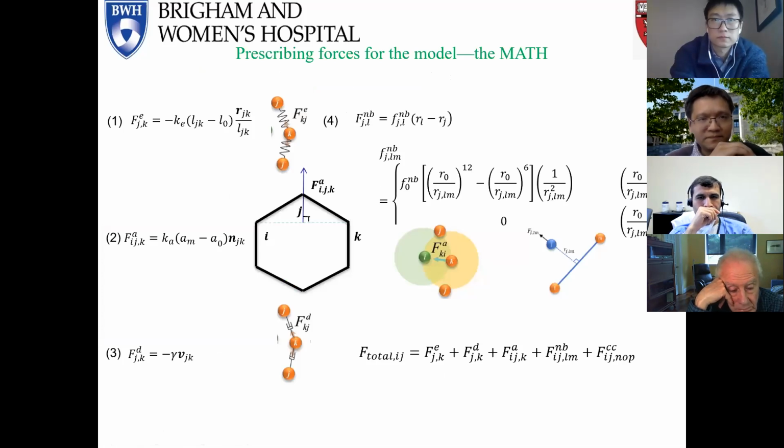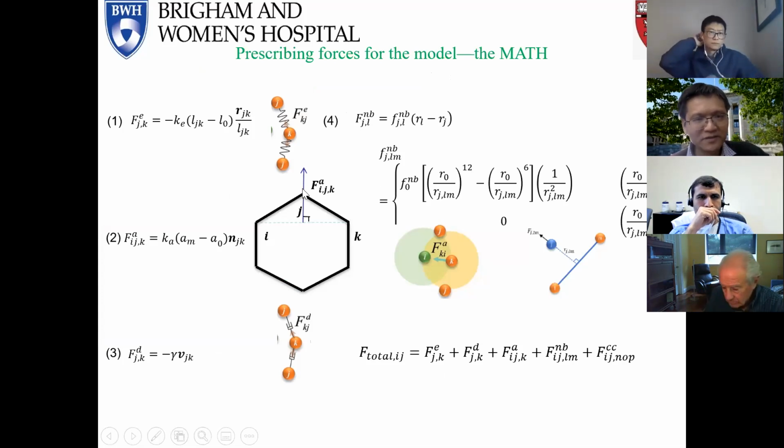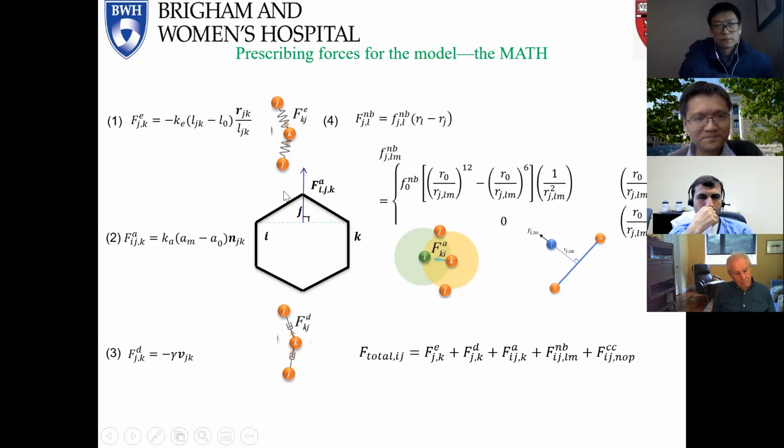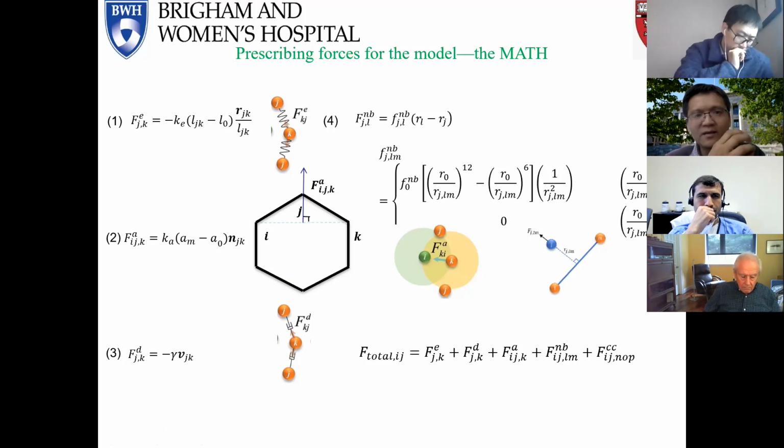The next step is to prescribe forces for the model. Here we put in linear restoring forces, so think of each cell boundary as linear springs. If it deviates from the rest length, then there's a restoring force. And for each cell, when it deviates from the equilibrium shape, there's also a penalty, so there is another restoring force that drives it towards the equilibrium shape.